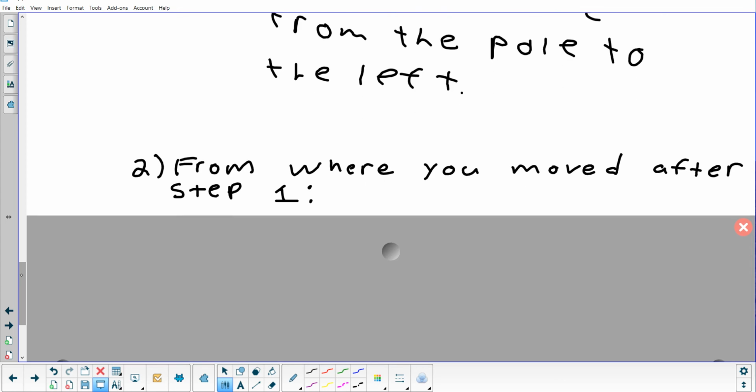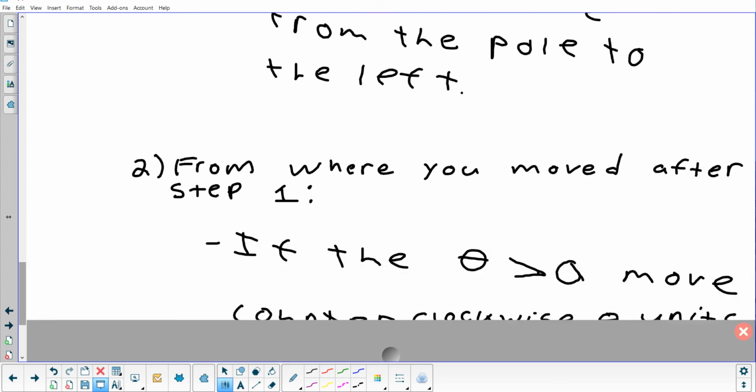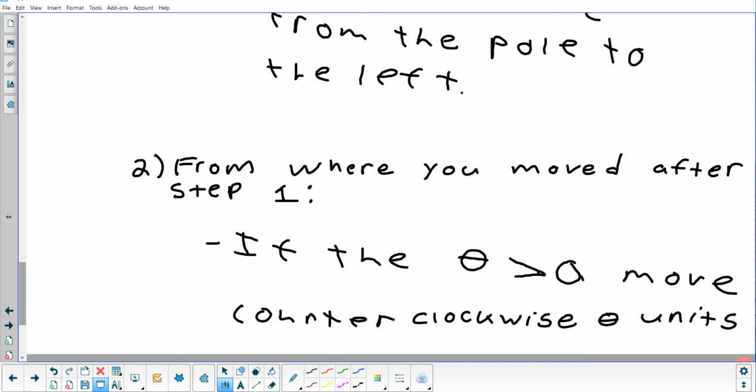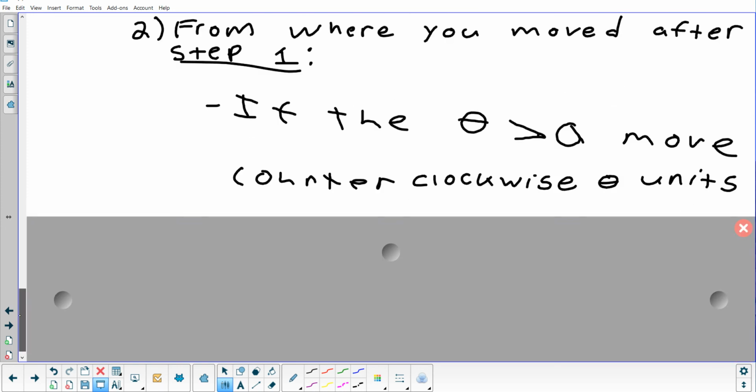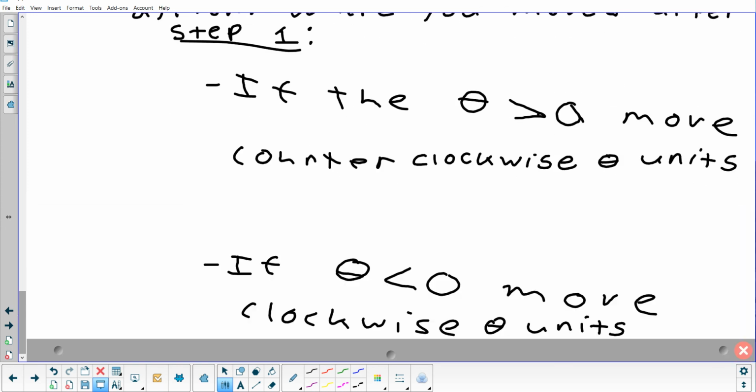So you do step 1, how we just explained it, and then you look at your angle. If your angle is positive, you're going to move counterclockwise from where you ended up after doing step 1. If the angle is negative, you're going to go clockwise. So those are the two directions that you can move on the circle. Counterclockwise is this way.